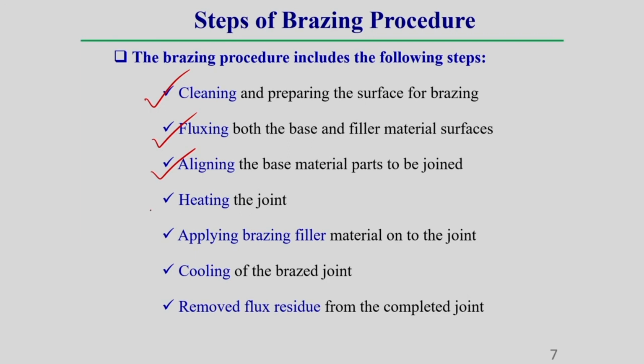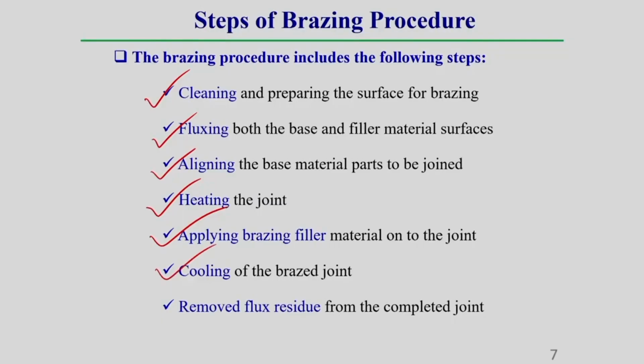After alignment, the next step is heating the joint. You see, everything is coming sequentially. Then we have to heat that joining portion. After that we apply the brazing filler material on the joint. Once the brazing filler material in molten state is applied in the joining region, we have to solidify it, that means we have to cool the brazing joint.